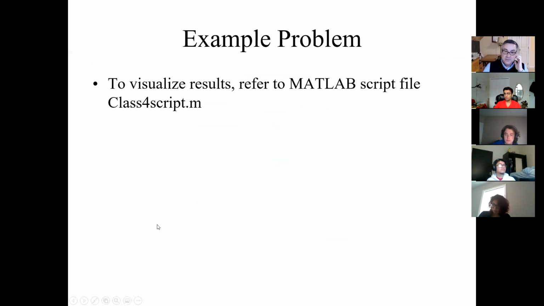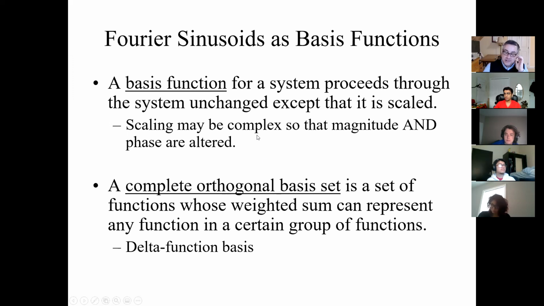And so that's one of the interesting things about this from a mathematical standpoint: if I take any complex sinusoidal function and I put it into any linear shift invariant system, I'm going to get a sinusoid of the same frequency out.